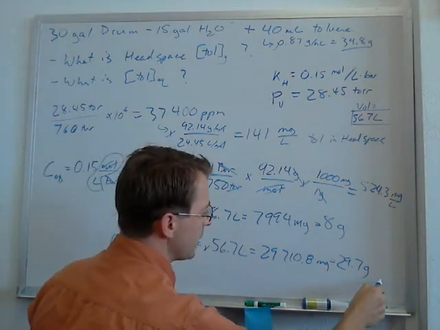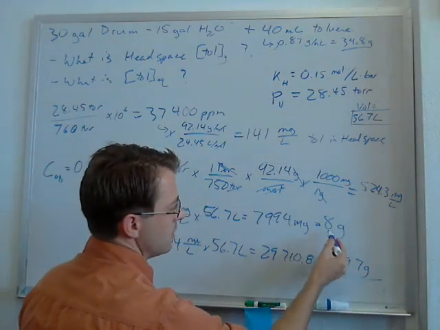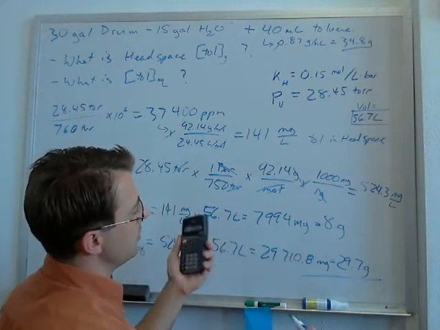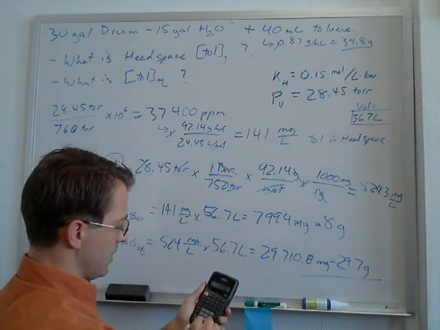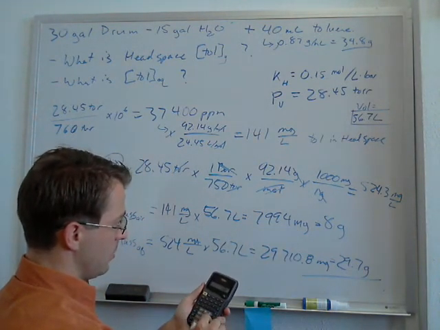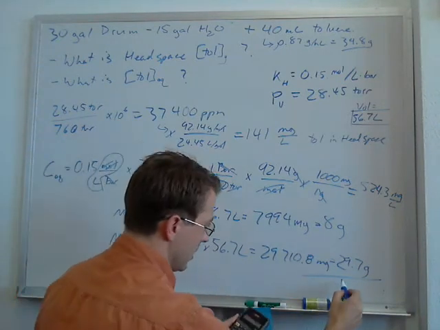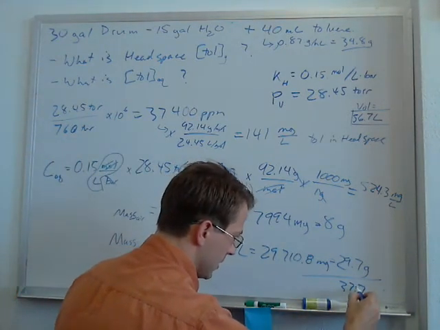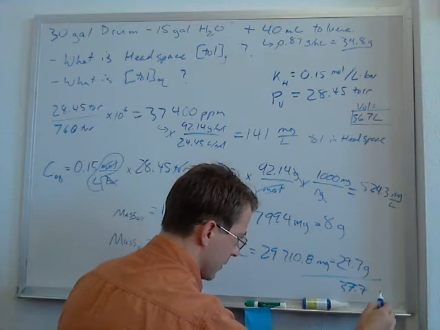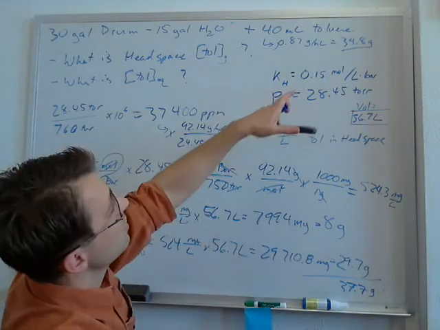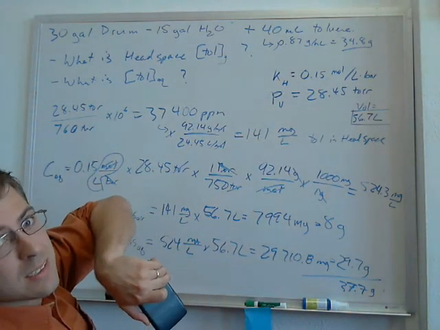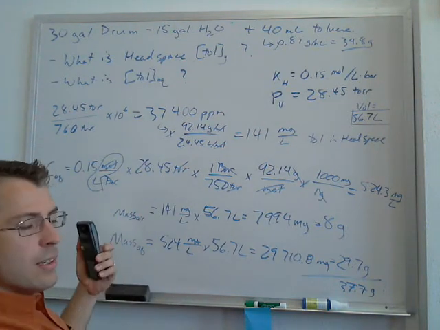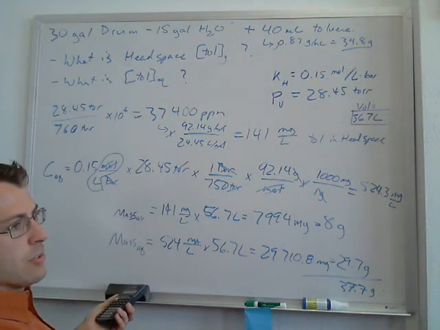All right, so we can add these two up, and we can see that we have excess capacity. So 29.7 plus 8 is 37.7 grams, but we only put 34.8 in the system. So we have a problem. Not really a problem, we just know we're not at saturation.